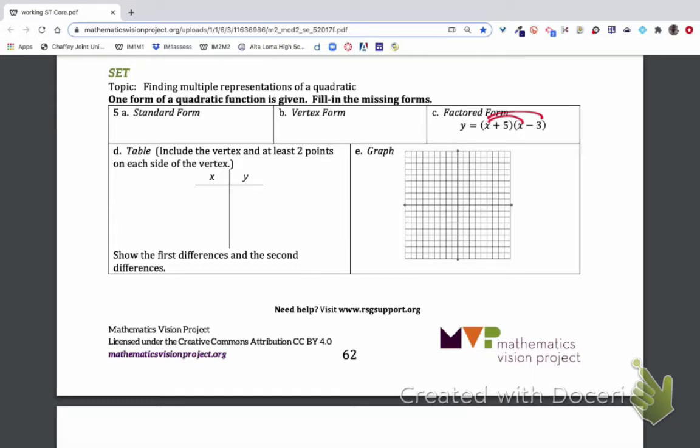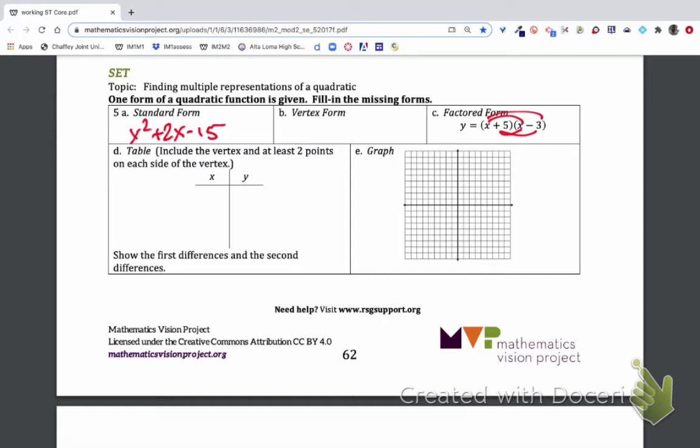So we would have x squared minus 3x plus 5x minus 15. And because I love some simplification, we're going to combine the like terms in the middle, the negative 3x and the positive 5x. That would give me x squared plus 2x minus 15.